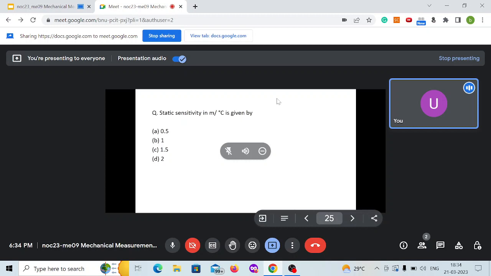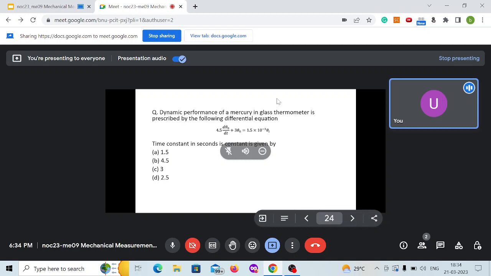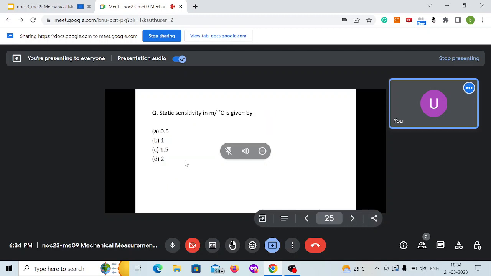You have to also find out the static sensitivity. So when you simplify the first order system, if you see the relation between how this first order system is expressed with the given equation, you will get the time constant and sensitivity. So for the time constant, you have options 1.5, 4.5, 3 and 2.5. And we have to also find out the static sensitivity. Their options are 0.5, 1, 1.5 and 2.